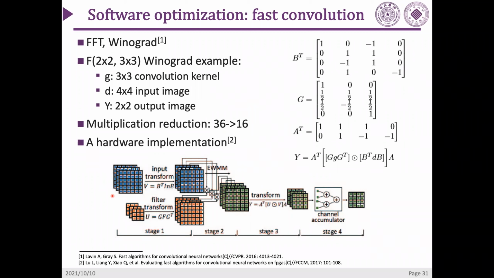But the overhead is you need to design a different hardware implementation from the typical matrix operation, because you need to be aligned with the Winograd matrix templates. So these are the typical software optimization parts.